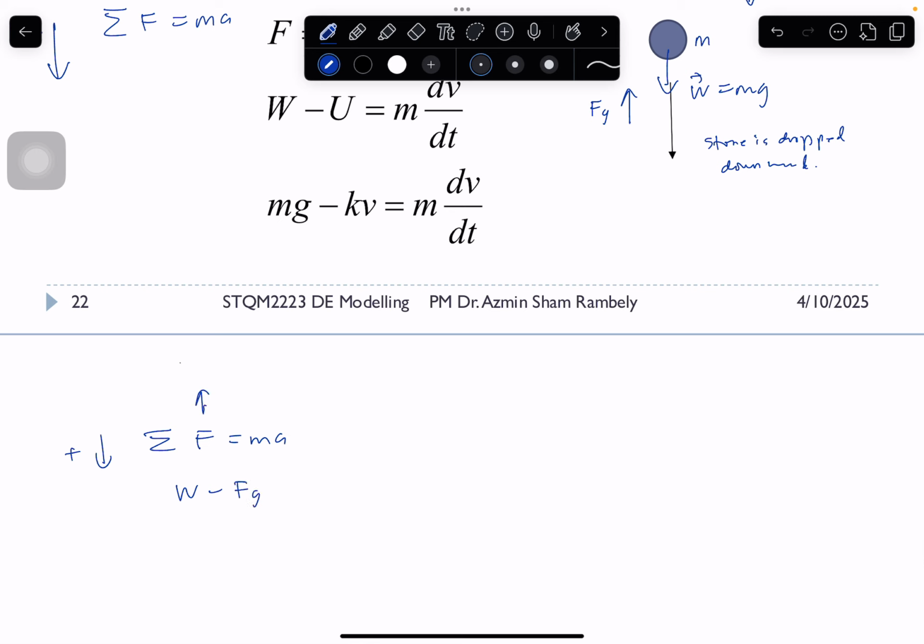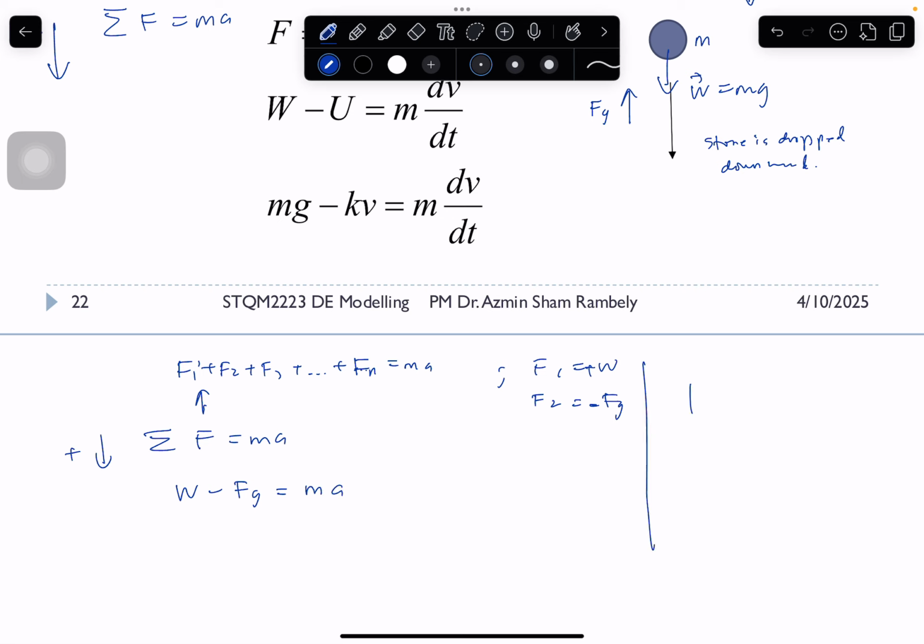Actually, this is all F1 plus F2 plus F3 plus dot dot dot, all the forces Fn is equals to Ma. In this case, F1 is equals to W, F2 is equals to Fg. So W is positive, Fg is negative. So that's why we have W minus Fg is equals to Ma. What is the direction of motion? Going downward. So A is positive.